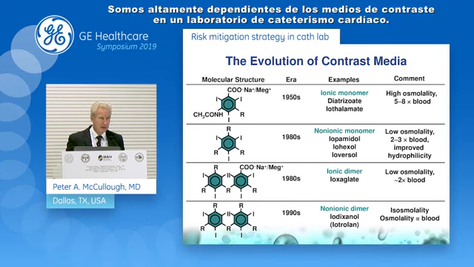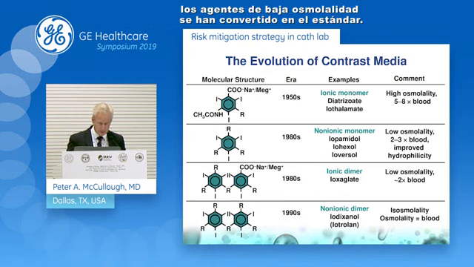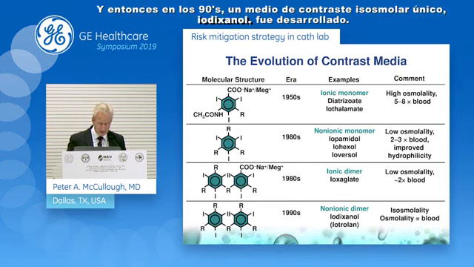We're highly dependent on contrast media in the heart catheterization laboratory. 30 years ago or more, high osmolar contrast agents were the standard. And as these contrast agents have been refined over time, low osmolar contrast agents became the standard. And then in the 1990s, a single isoosmolar contrast agent, iodixanol, was developed.